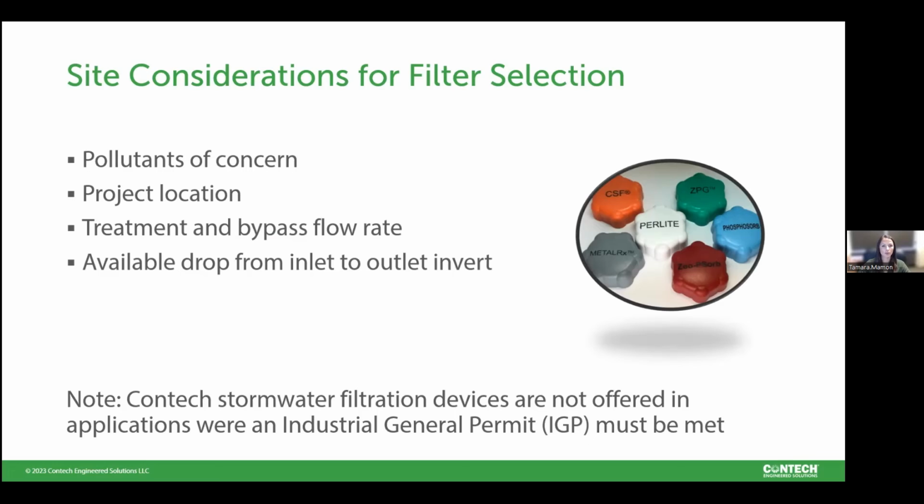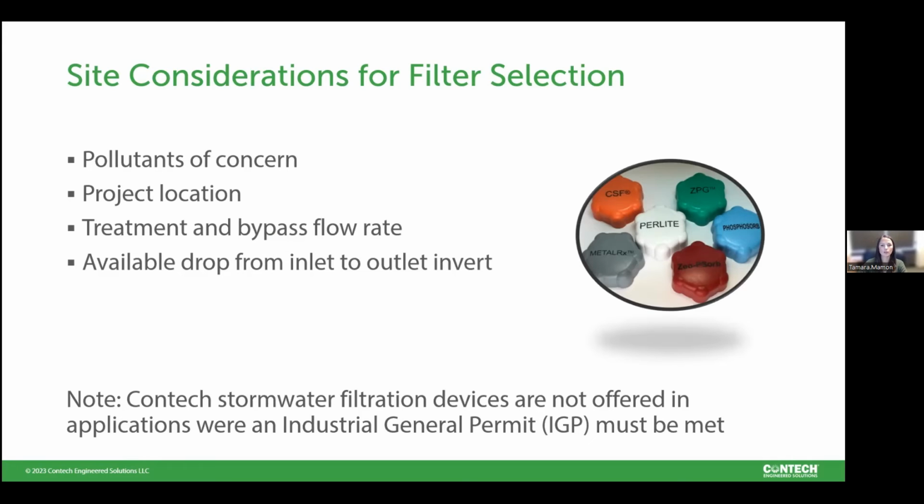If you're doing a flow-based sizing approach, we'll want to know your treatment and bypass flow rates. Now, different localities will use mass-based or volume-based sizing approaches. In that instance, like Marco said, the stormwater consultant or your local contact is going to help guide you and tell you what information we need to give you the best proposal.